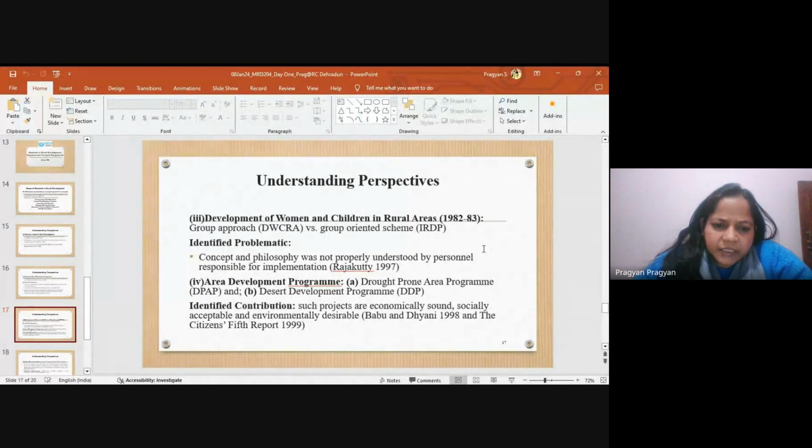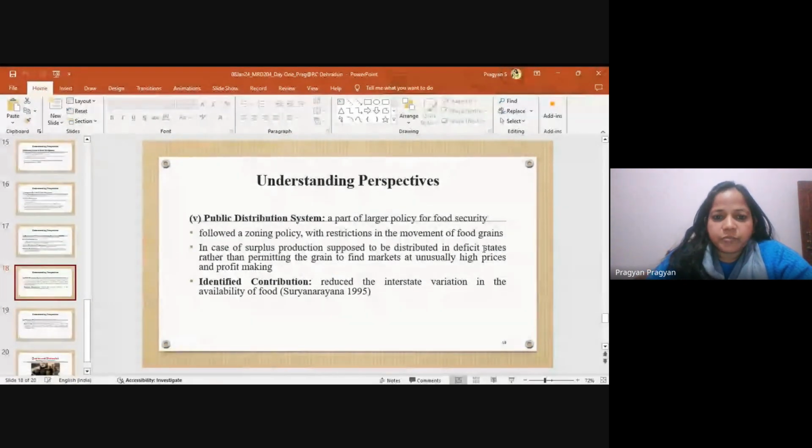And again, it was also found that there were certain areas, because infrastructure is a very important factor in rural development. So there were area specific programs like the drought prone area program or the desert development program. So all these development programs evolved one by one.